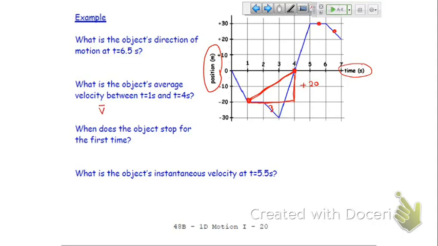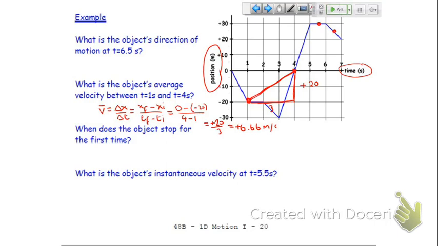So my average velocity, which equals delta x over delta t, which equals x final minus x initial over t final minus t initial, which equals 0 minus 20 over 4 minus 1, which equals 20 over 3, which equals 6.66, I think. Yep. So that's how you do that.